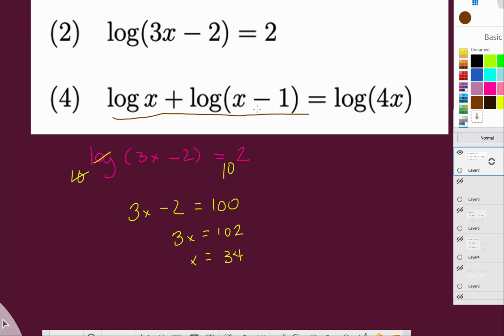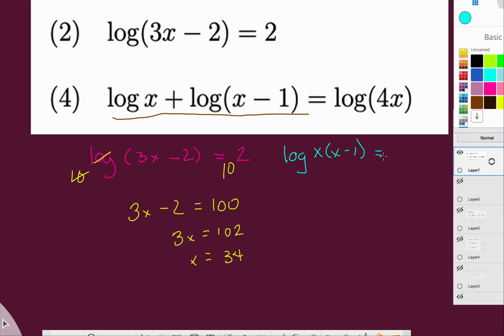So I want 1 log on each side, and here's how it's going to work. I can condense this to show the multiplication. So what I'm going to do is condense log x plus log x minus 1 into 1 common log with an x times x minus 1.